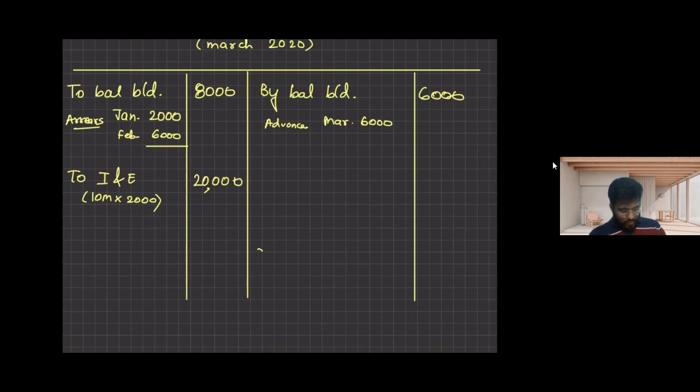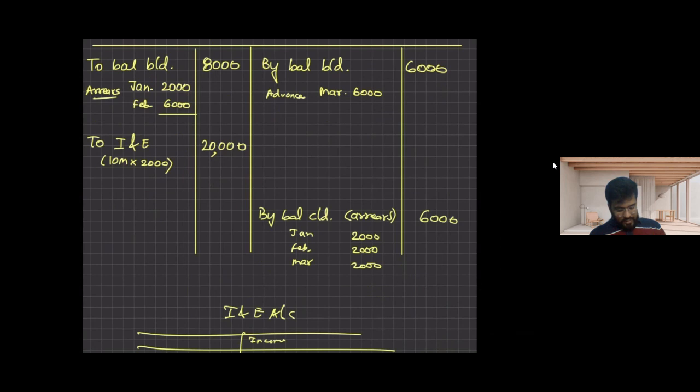How much, sir? 2,000 of January, 2,000 of February, and 2,000 of March. So total balance in the arrears should be rupees 6,000. Okay.